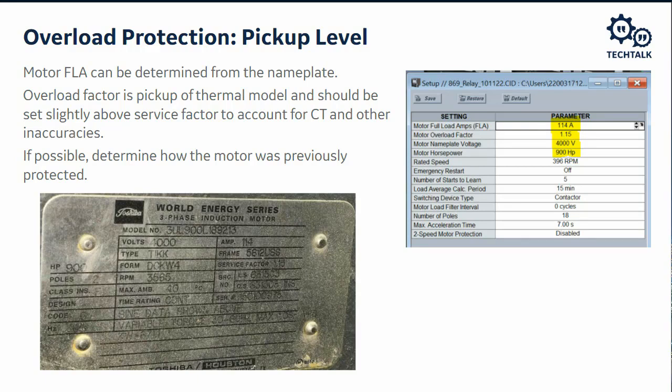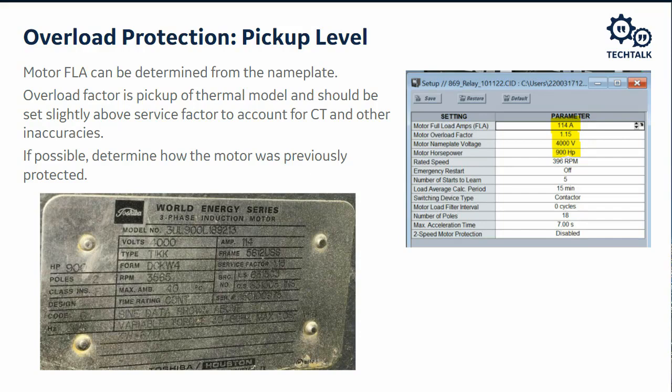But nonetheless, we can make out there that this motor has a full load amperage of 114 amps. And let me show you where I'm seeing that, right? So I'm seeing that right there.